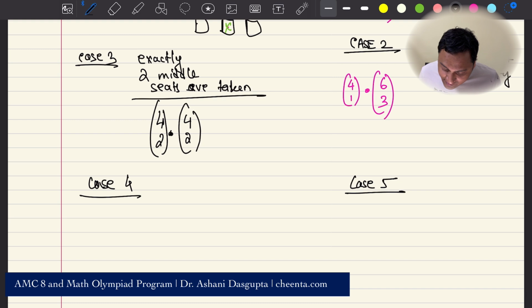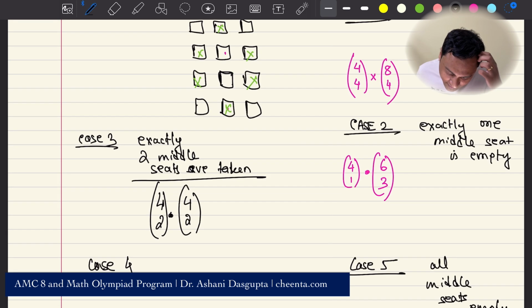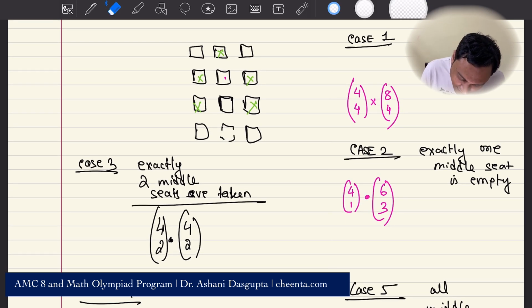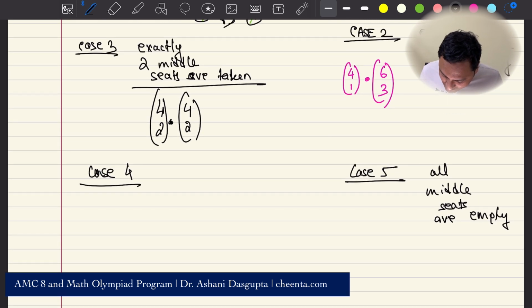Case 5 means all middle seats are empty. If all middle seats are empty, then all the 8 people should be seated like this to prevent the married couple from sitting together. So that's only one way possible.